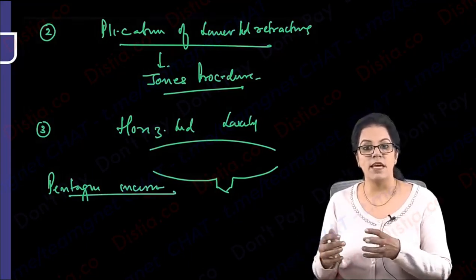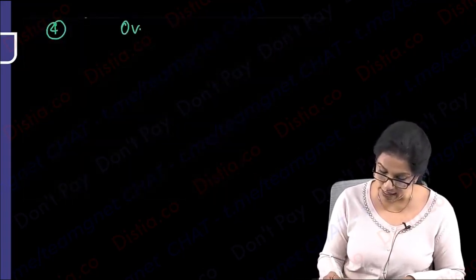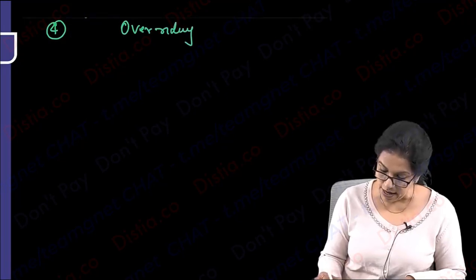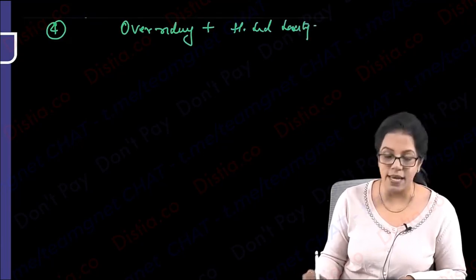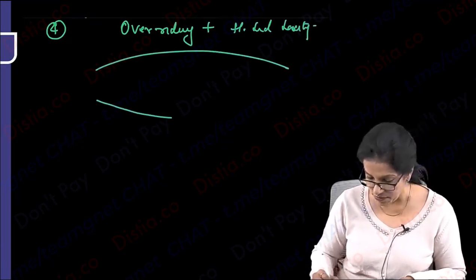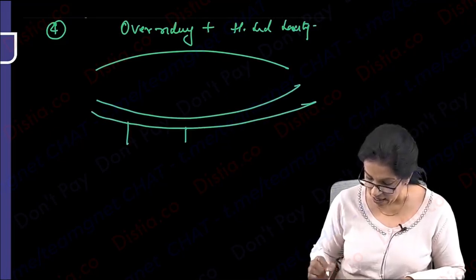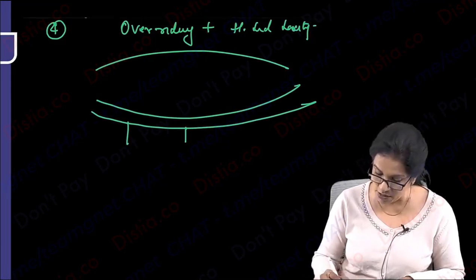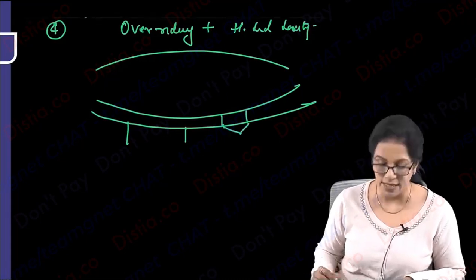Now sometimes there can be another thing, that an overriding factor is there and there is also horizontal lid laxity. If this is the case, now what do I do? I will do the Weiss procedure, transverse lid splitting, and I am also going to add to this the pentagon.